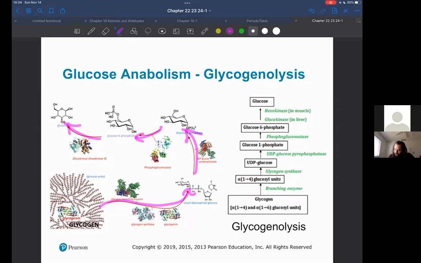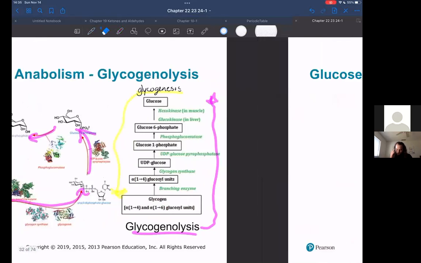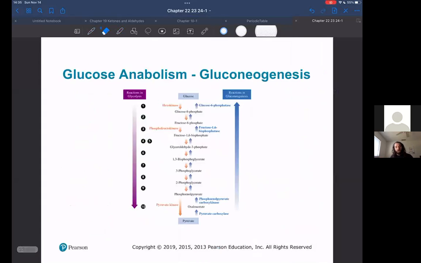Nonetheless, all I really need you to know is glycogenolysis is going from glycogen to glucose, whereas glycogenesis is the process of going from glucose to glycogen, right? These are opposite processes of one another. Don't even need to know the individual steps.